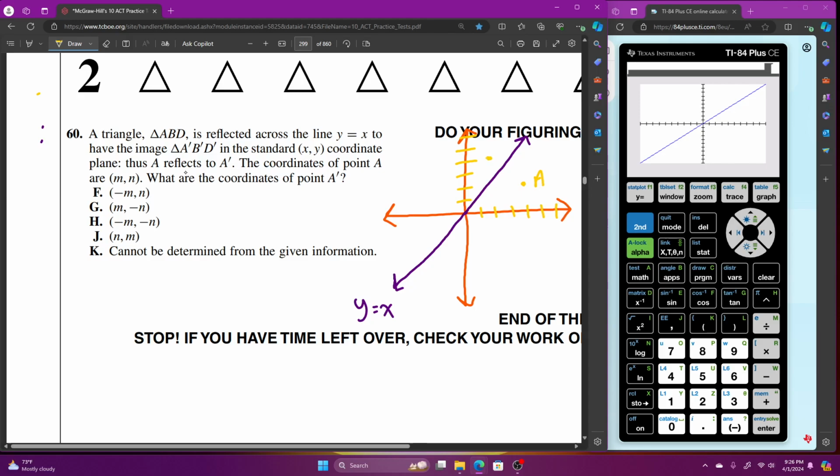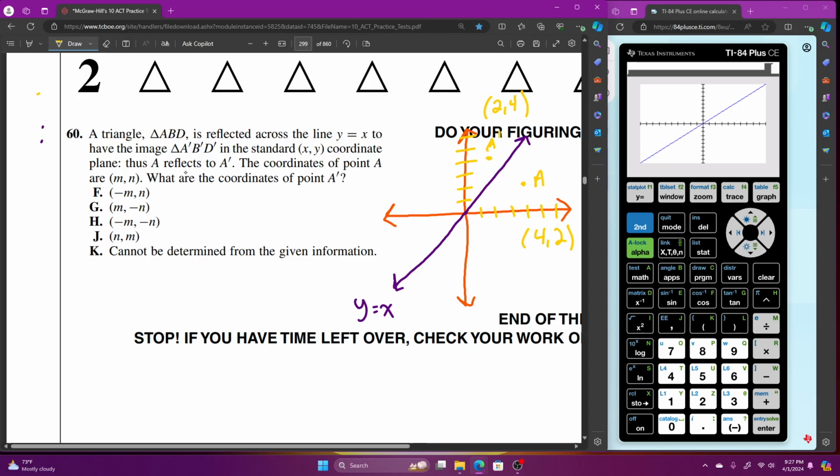I didn't draw it perfect. But if I did, then you would be able to see that if A's point were at 4, 2, then A prime's point would be at 2, 4. So that's why it's not really an equal distance from my purple line. My spacing was a little bit off.